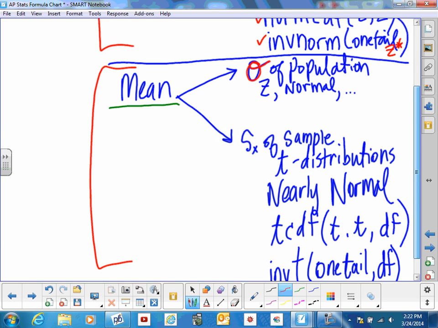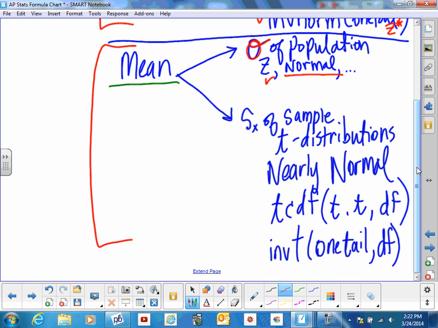But when that does happen, then you get to do those problems just like the proportion ones, where you do a Z-score. It is completely normal, not nearly normal, and you do your inverse norm and your norm CDF and all that kind of stuff. But what we have had for means this chapter is when we have only been given the standard deviation of the sample.